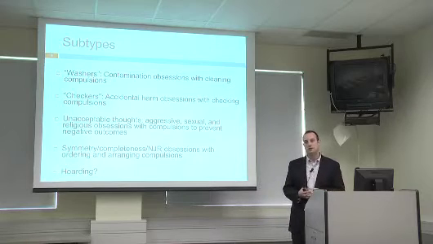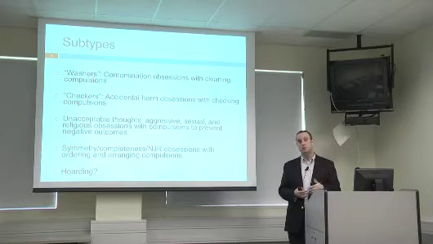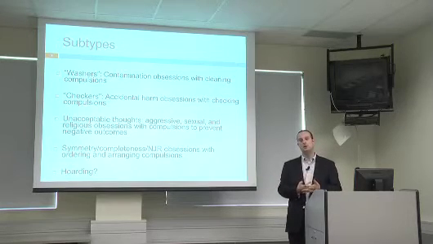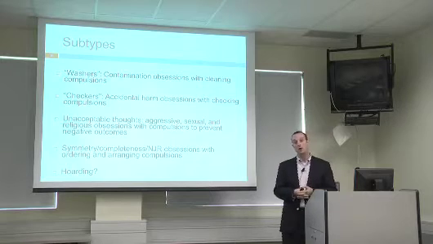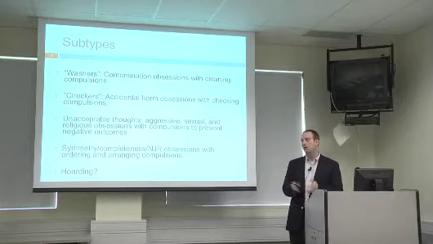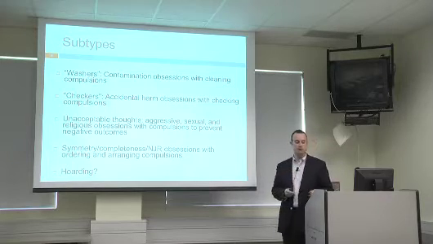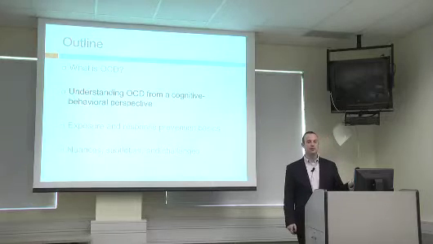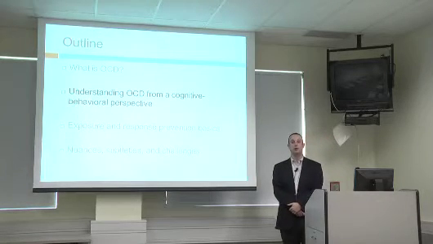So the point I'm trying to make is that religion is one example, but all kinds of things can be part of the culture. The culture will influence the expression in terms of the content of the obsessions, the fears, and maybe some of the behaviors in terms of rituals. But you do see these kinds of categories across different groups. Okay, so that's what I want to tell you in terms of what is OCD.